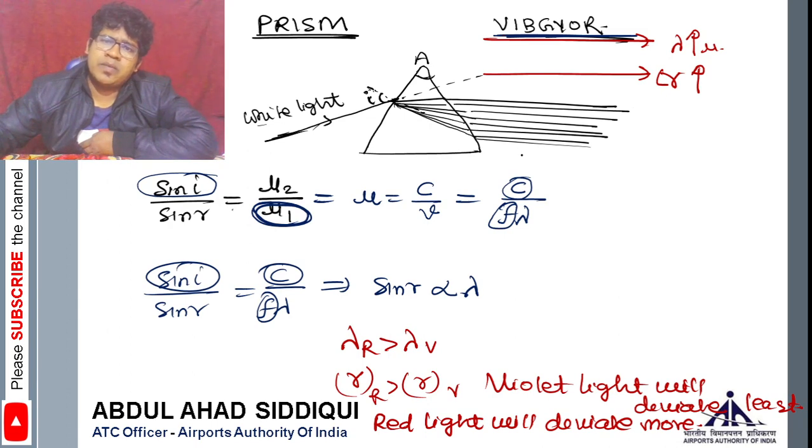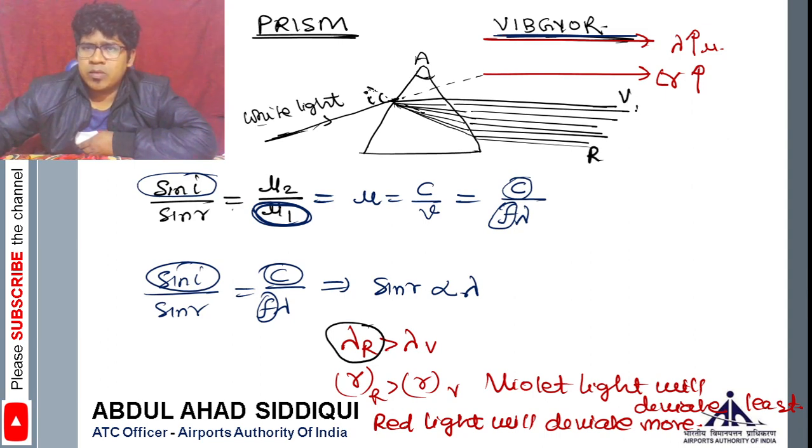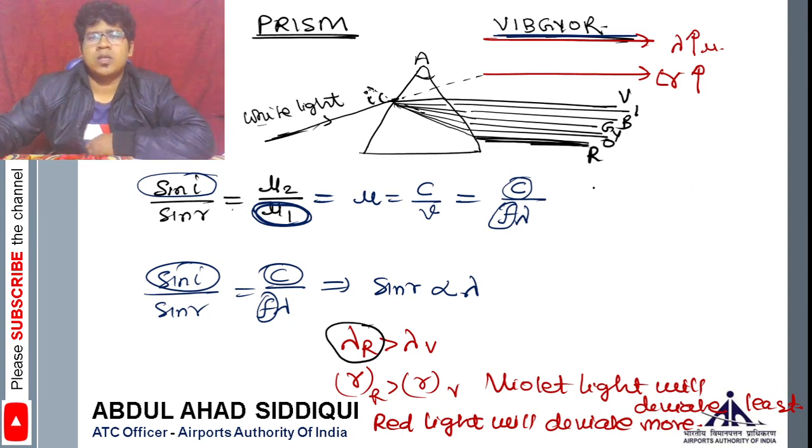So which one will be deviated most? The most deviated will be red light. So this will be red, this will be violet, this will be I, this will be B, this will be G, this will be Y, this will be O, and this will be your R, right?